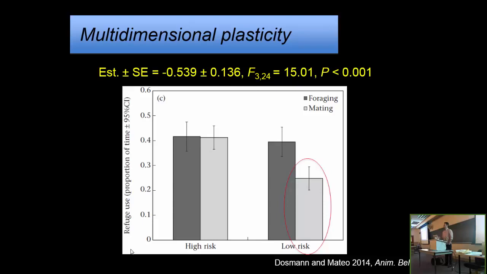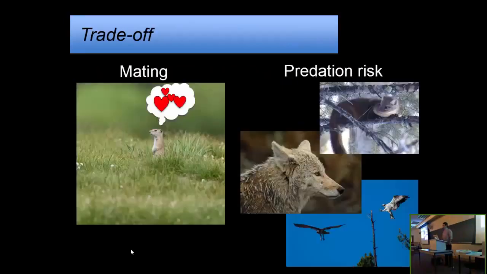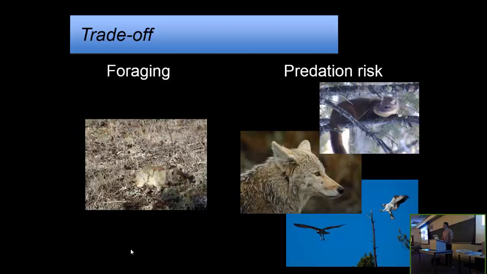One explanation for that, which we've proposed, is that it might reflect trade-offs that the squirrels are dealing with. Both mating and foraging occur outside the burrow, and so they have a trade-off between mating and predation risk, as well as foraging and predation risk.